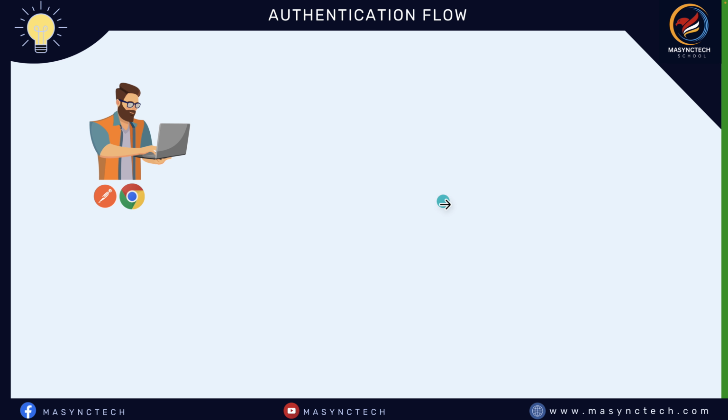Now let's see this diagram. In real-world applications, and that is for full-stack applications, we have these entities. The client over here. Remember, in a web application, the client is not the real user, but instead the tool that the user is using to access the application is called the client.